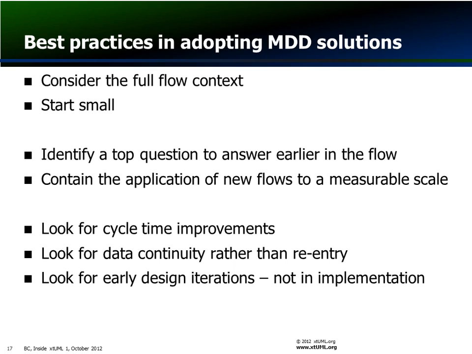Effective things to do are to look for cycle time improvements. Why? Because it's a very tangible, visible benefit from the process. If there's something that model-driven development can do to shorten the cycle time, management recognizes that as valuable.